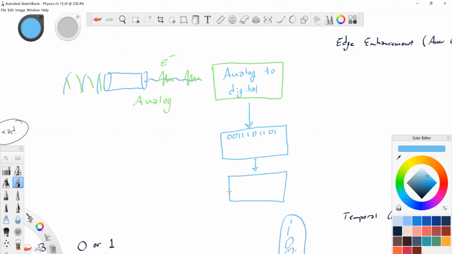Now, this last step, a digital to analog converter, and then back to an analog screen with these raster lines being drawn across.